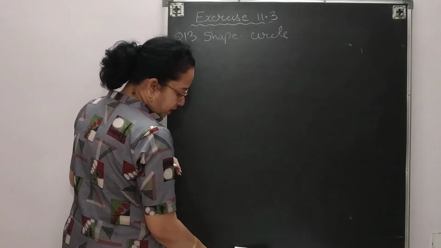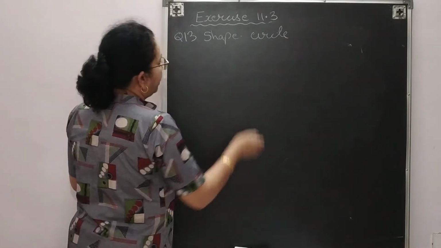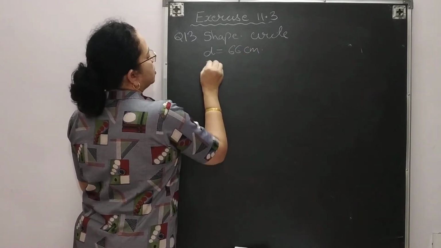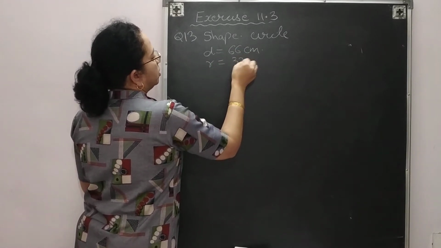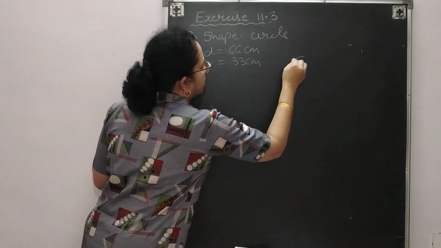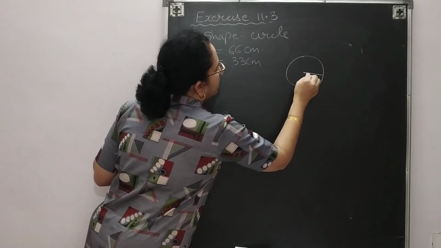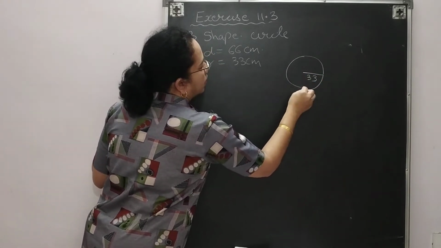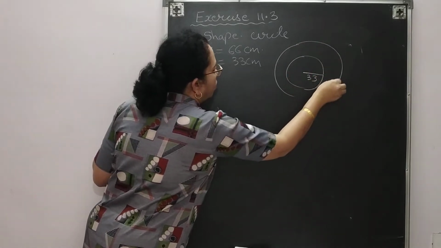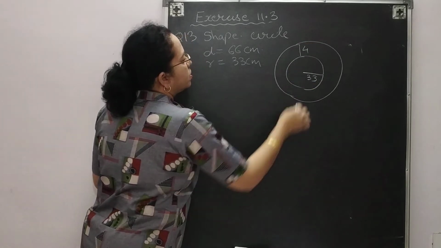Okay. So let us start with the flower bed. Diameter is given as 66, so the radius will become 33. So what is given actually? This is one flower bed whose radius is given 33, and this flower bed is surrounded by a circular path whose width is given 4.